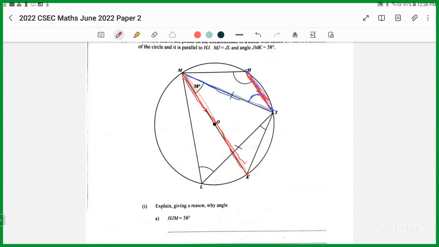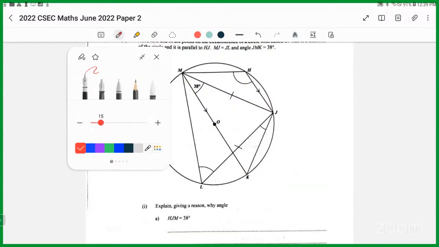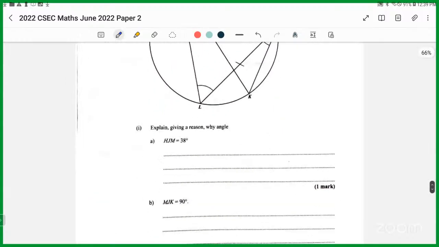And the two of them are joined nose and tail by that blue line, called a transversal line. And so you have alternate angles. Those two angles are alternate angles, or Z angles. So alternate angles are equal. Simple. That's the reason why they're equal. Alternate Z angles are equal.